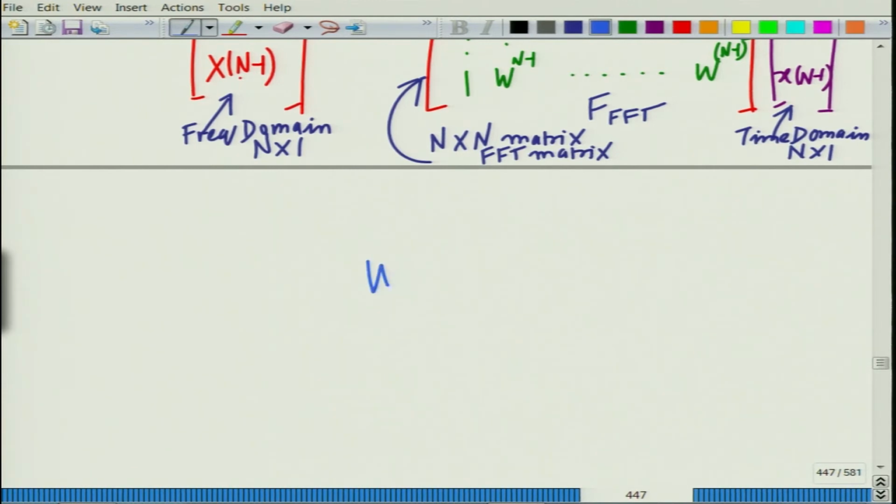This quantity W is nothing but the Nth root of unity. It is given as e raised to minus j 2 pi over N. This is the quantity W, and this is the IFFT matrix, and you can easily verify this.